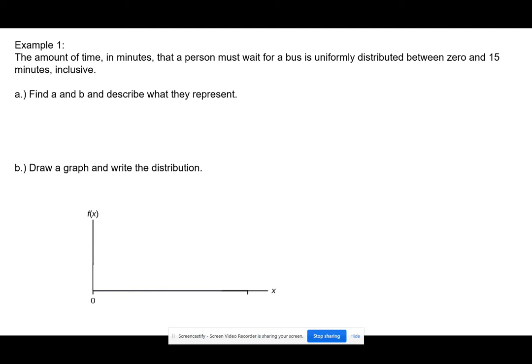Let's look at an example. I have a random variable that's the amount of time in minutes that a person waits for a bus, and we're told that it's uniformly distributed between 0 and 15 minutes inclusive. We're asked to find a and b and describe what they represent. Well, a is always the minimum value, which in this case is our 0 here, and we're talking about minutes.